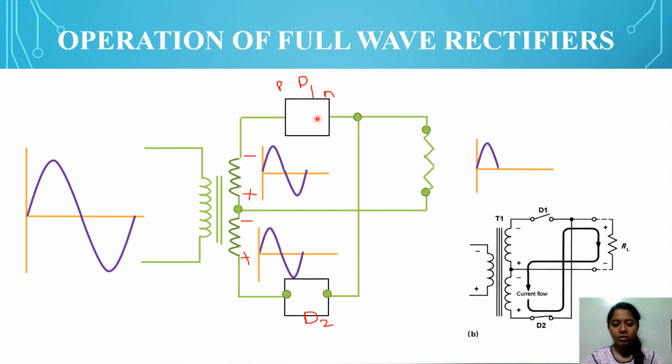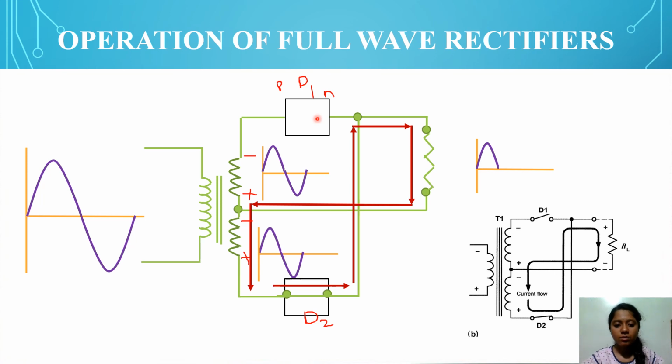In diode 2, the switch is closed, so there is a flow of current through diode 2. This is the direction of the current. It starts from the positive terminal, moves here, comes across the load resistor, and ends up in the negative terminal. So this is how the current flows in diode 2 for a negative half cycle.